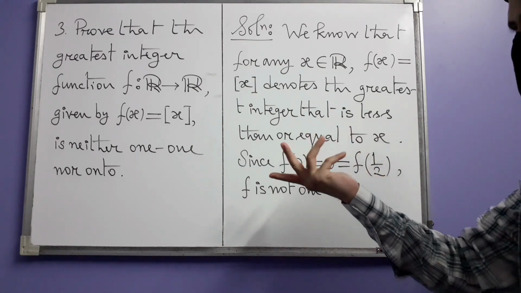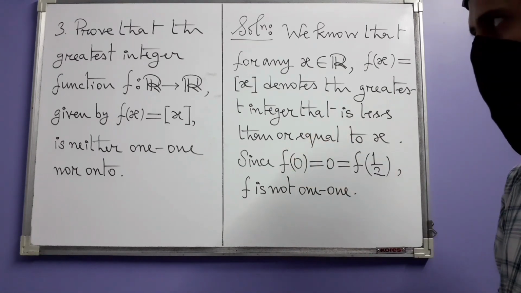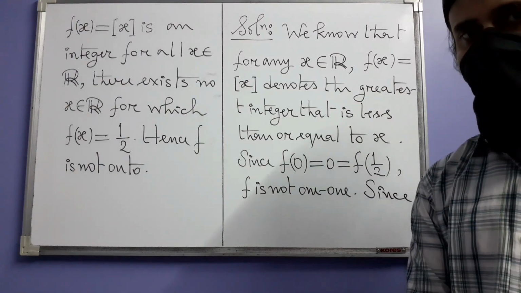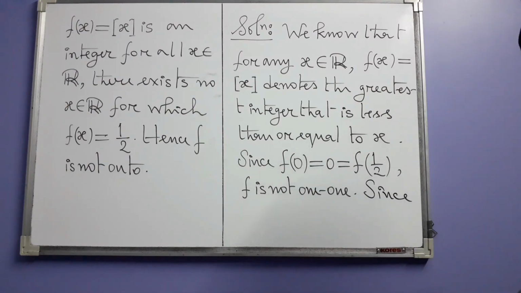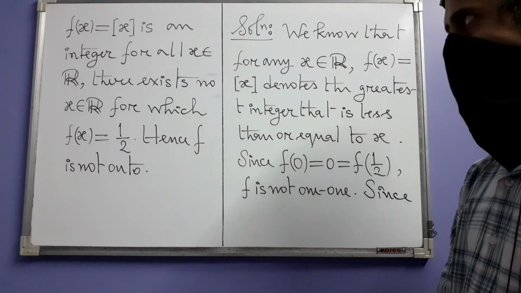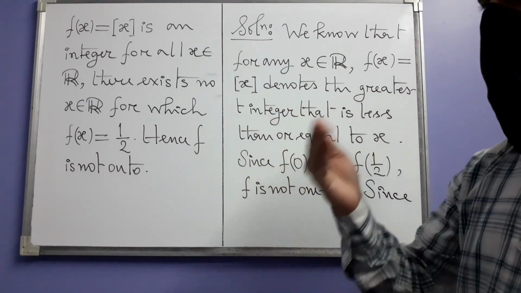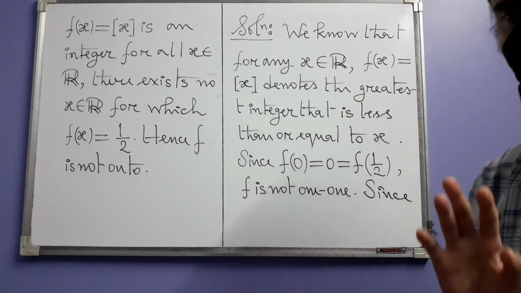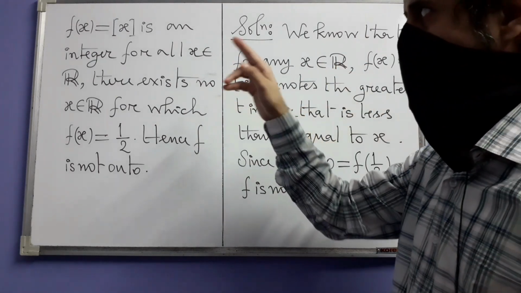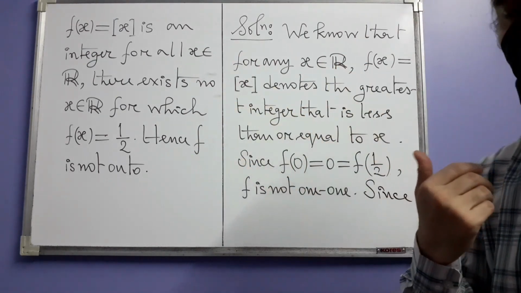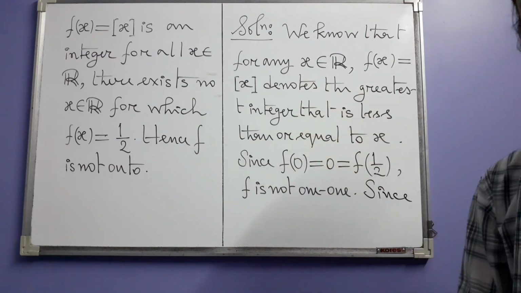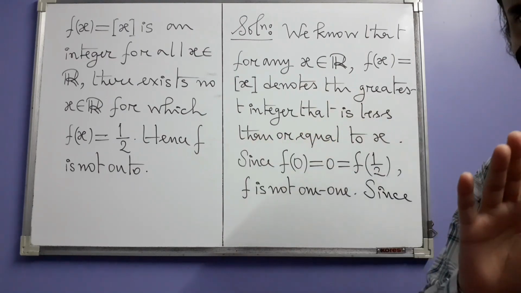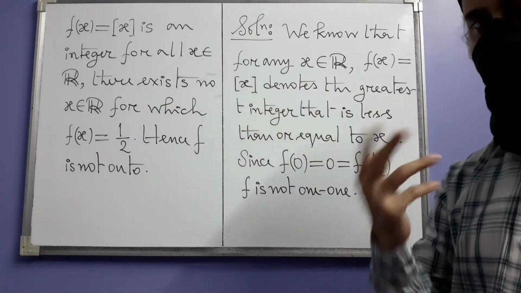And next, how is it that f is not onto? To show that f is not onto, we notice this fact. We concentrate on the fact that the outputs of the function f are all integers, because that is the definition. The greatest integer less than or equal to x. The input x may not be an integer.